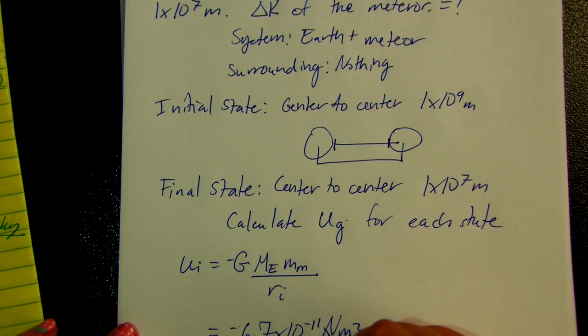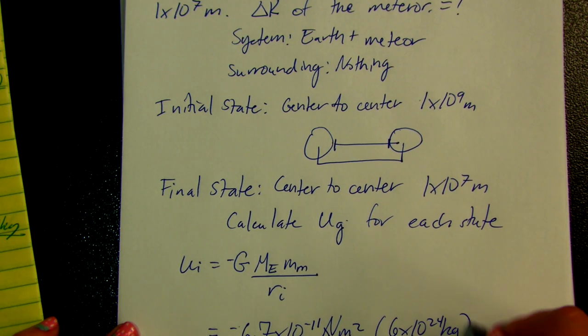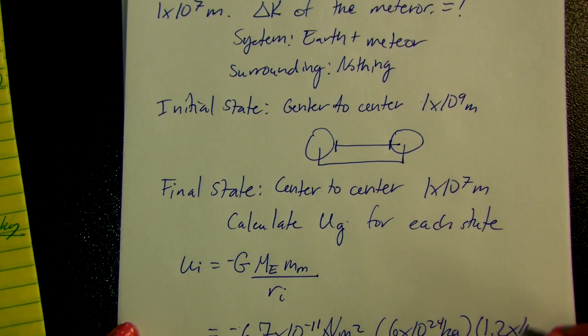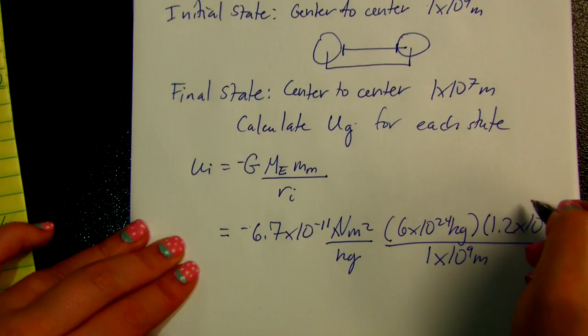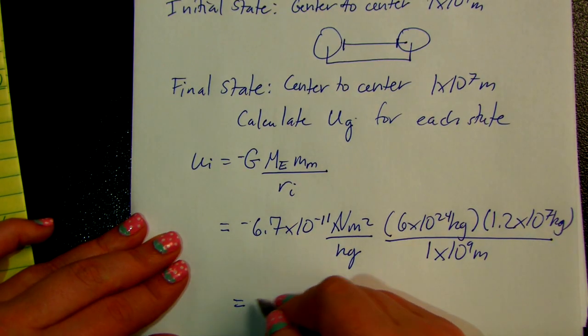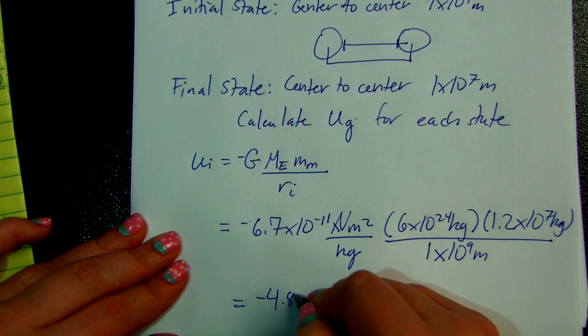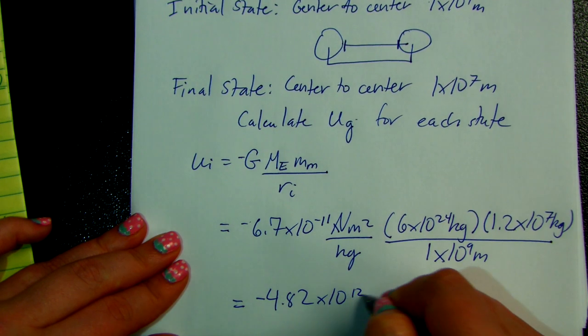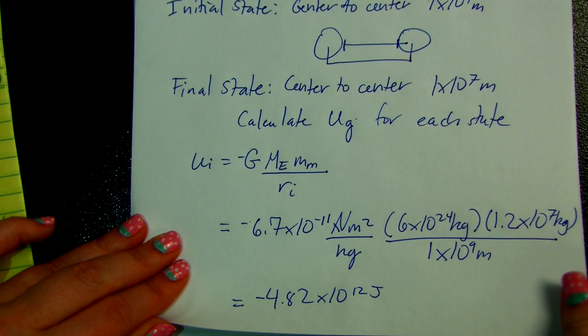Newton meters squared over kilograms, times the mass of the Earth, 6 times 10 to the 24 kilograms, times the mass of the meteor, which we were given, 1.2 times 10 to the 7 kilograms, divided by the initial distance of 1 times 10 to the 9 meters. And so we see this is equal to minus 4.82 times 10 to the 12 joules.